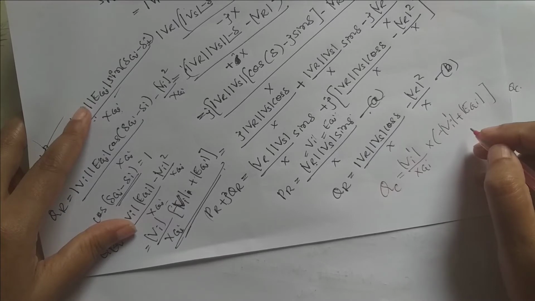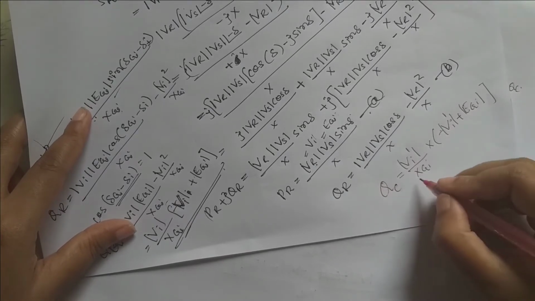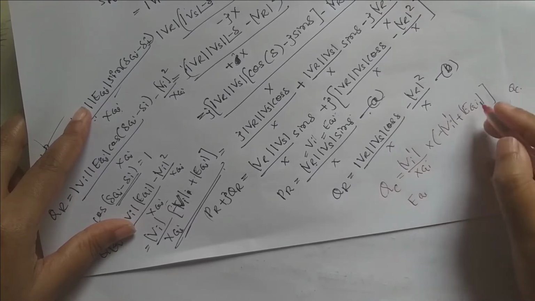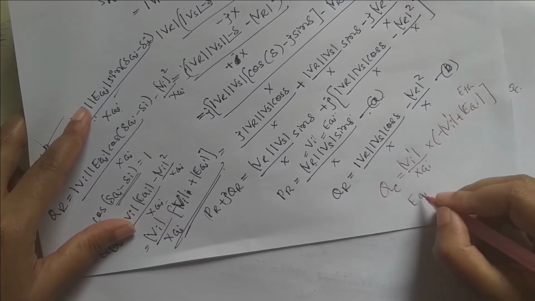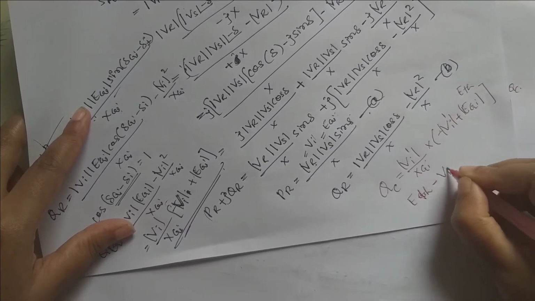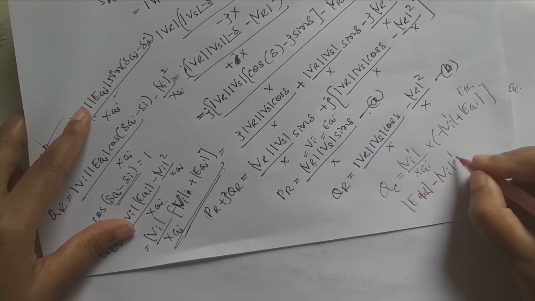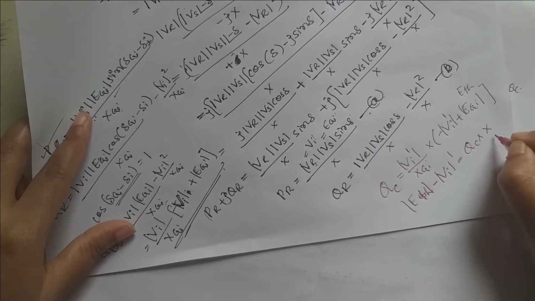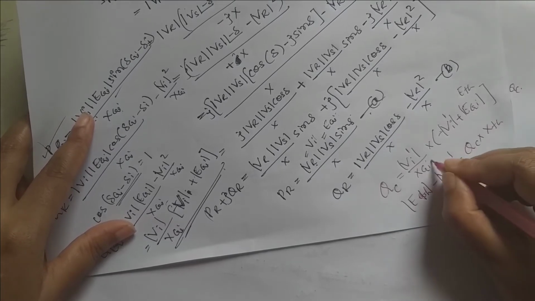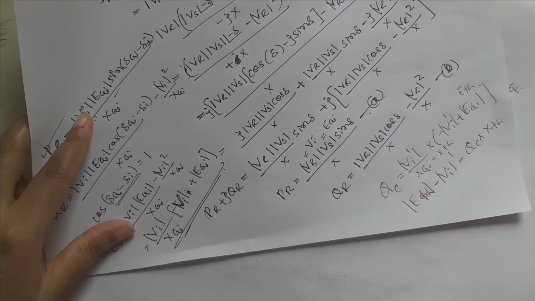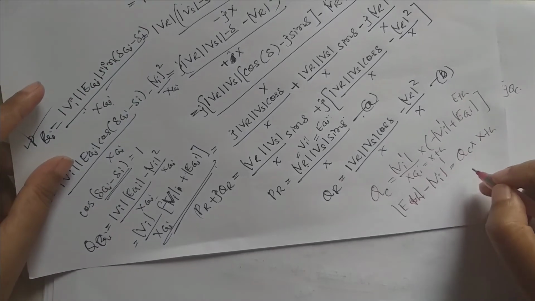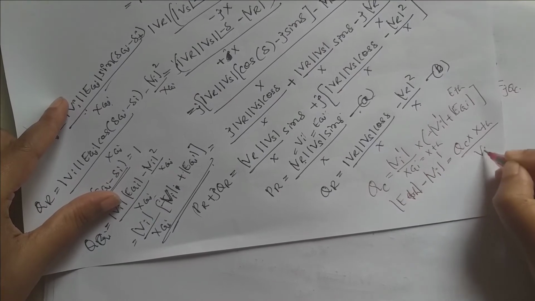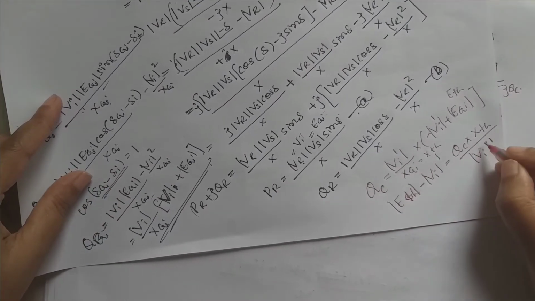On rearranging, we get EGI, or ETH minus VI dash, is equal to QC into XTH, the whole divided by VI dash.